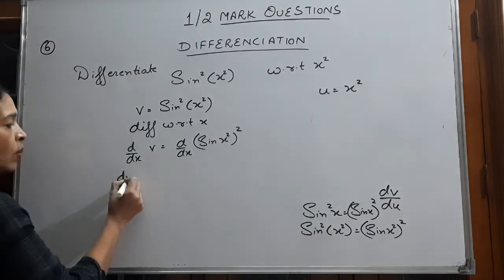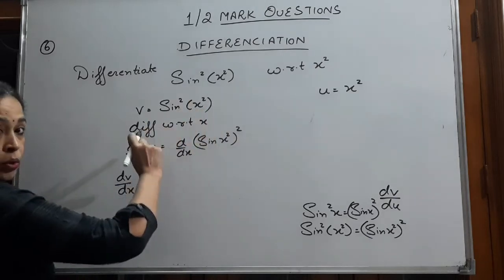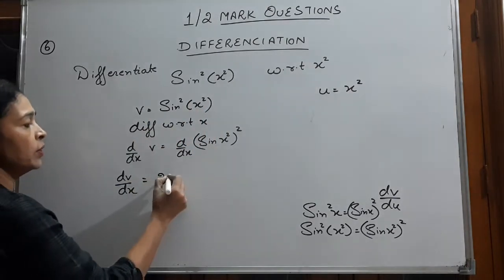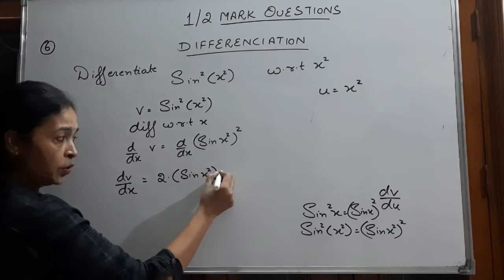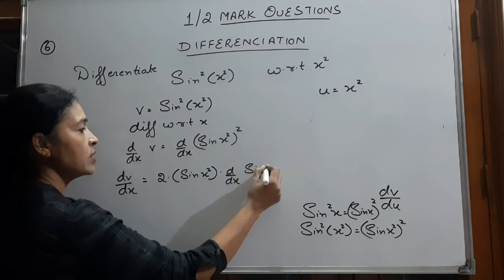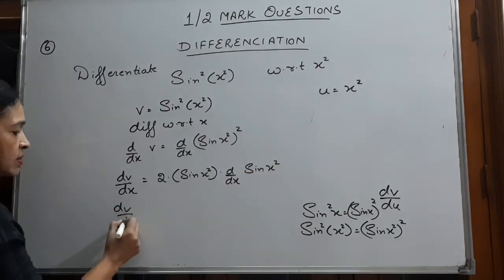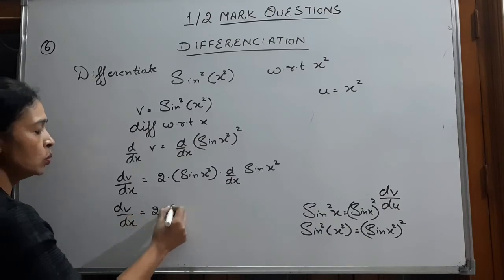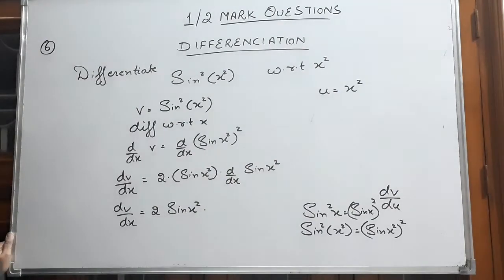Derivative of v is 1 into dv by dx equals 2 in front, 2 into sin x square into derivative of sin x square by chain rule. dv by dx equals 2 sin x square into, what is derivative of sin x?